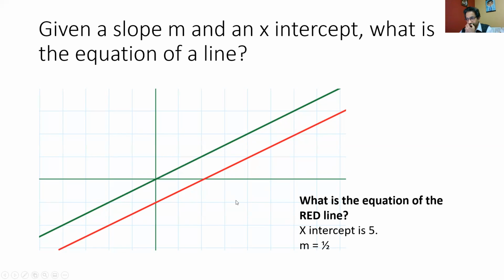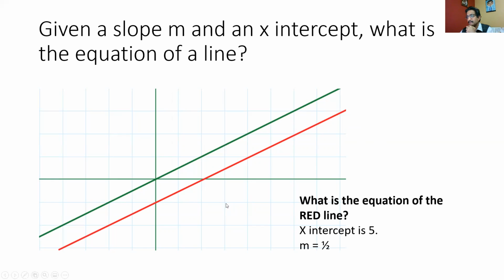So y equal to mx is the equation of the green line. So if you want x, x equal to y by m, so x equal to 2y. How do you say that x is equal to 2 times y?